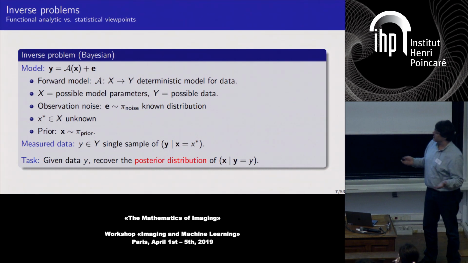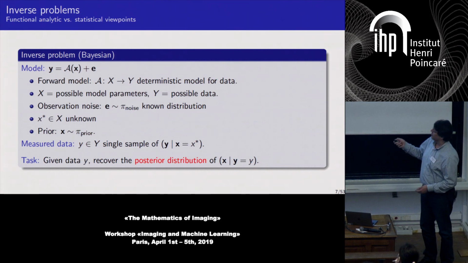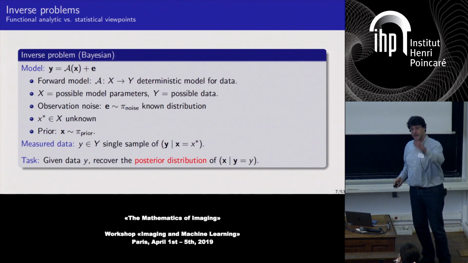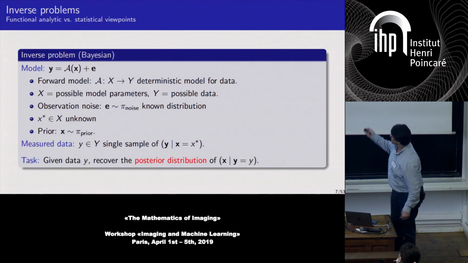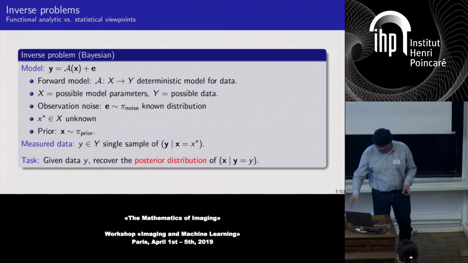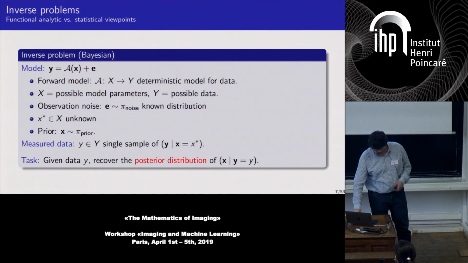In a Bayesian setting, the natural one will be the posterior distribution. Here the data is now a sample of these conditioned random variables. So you're looking at the probability of the data conditioned on the fact that you are measuring from this particular object, which you don't know. So the x star here is still unknown. This is, in a nutshell, the Bayesian view.